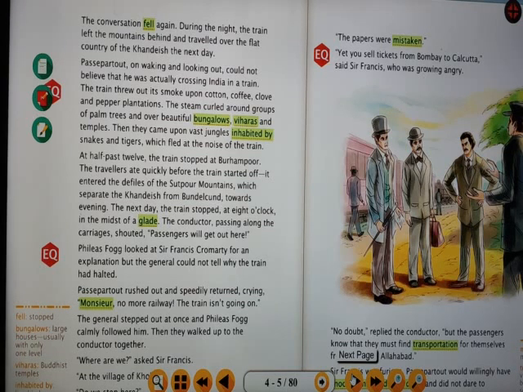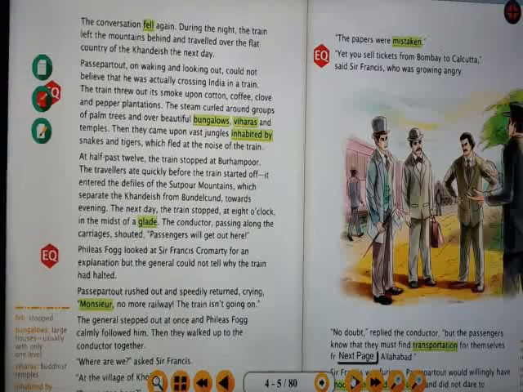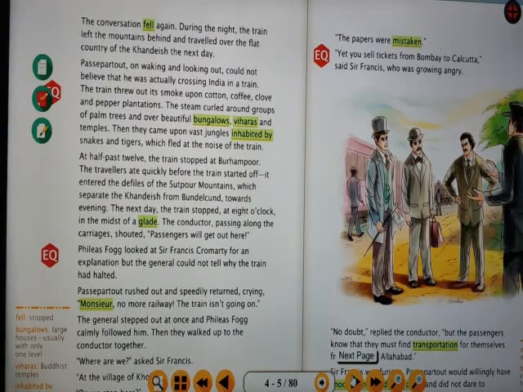In the same compartment they met a fellow passenger, a distinguished general. Fogg and this general got involved in a conversation, and Fogg explained the circumstances that led him to this journey. In between they have a nice conversation, and they pass through the mountains, and the journey continues till the next day.